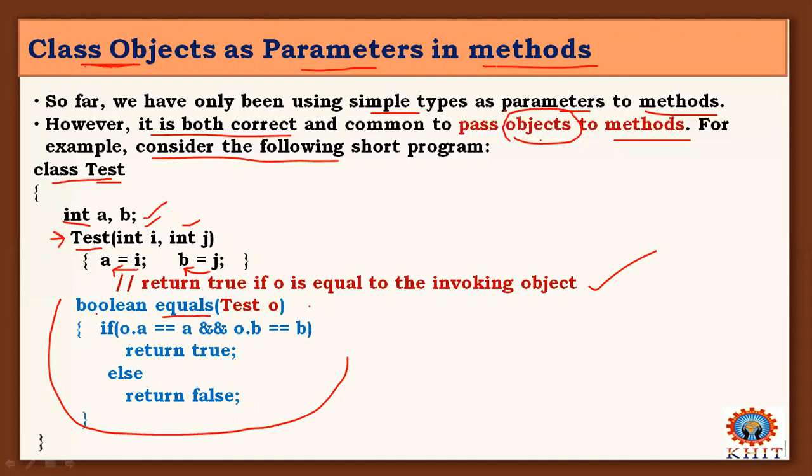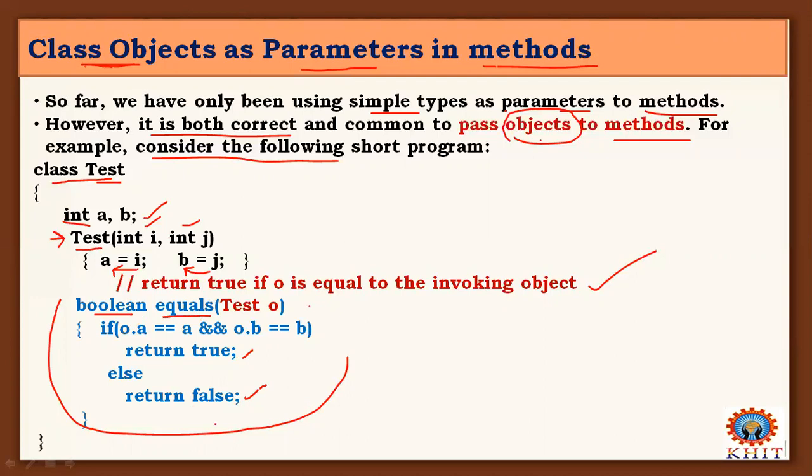If the values are the same, it returns true, otherwise it returns false. Got it? This is what we apply by invoking the equals method of the class.